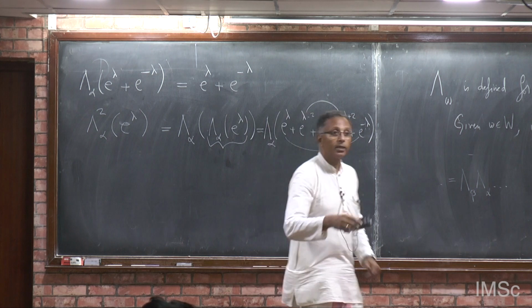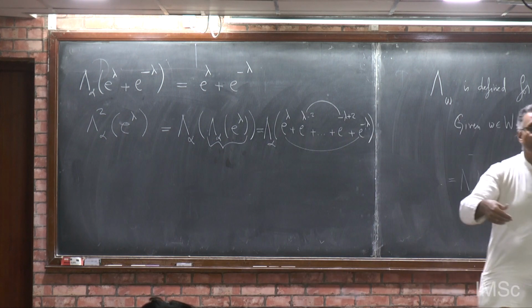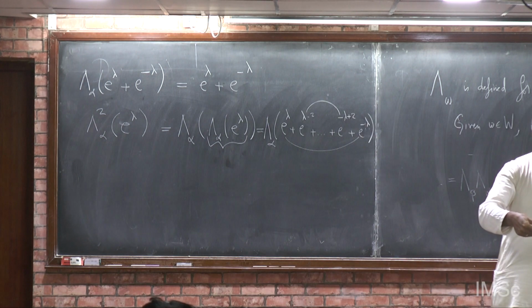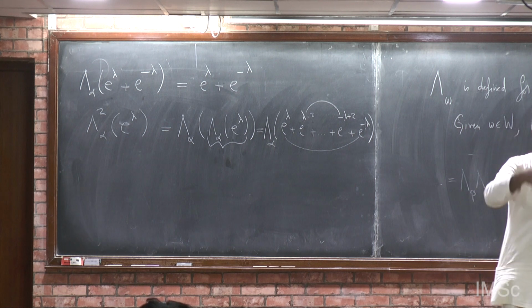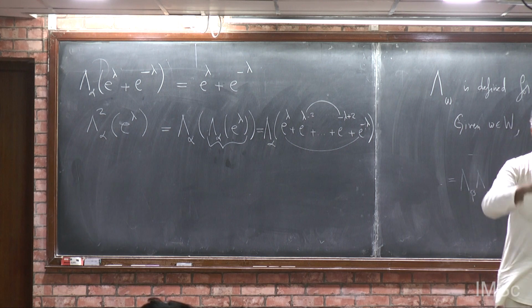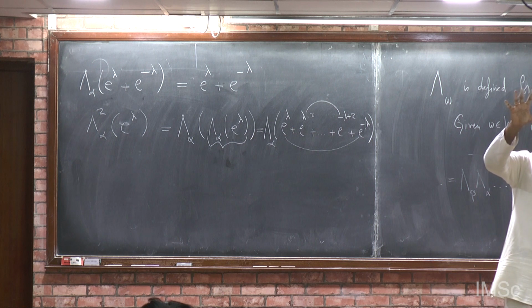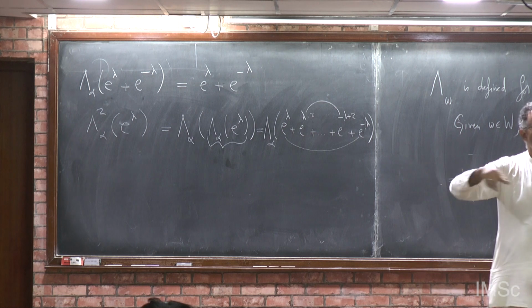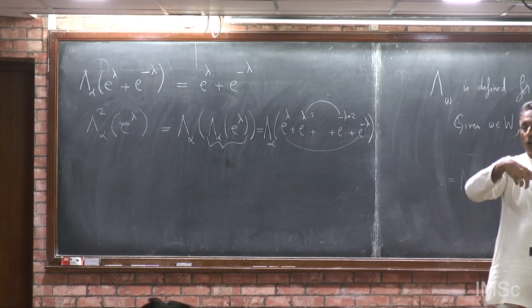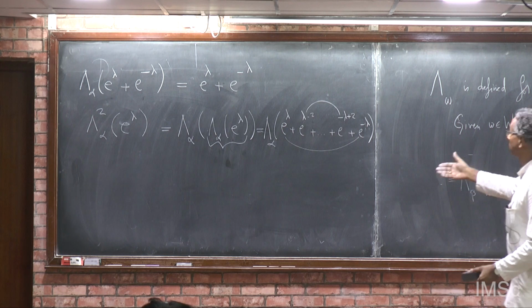And once again, it is clear that this is a lift to the level of, if I take the map from pi to p, sending a path to its endpoint, this will be this invariant.